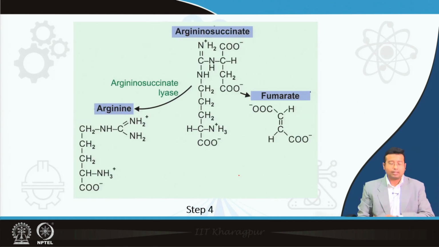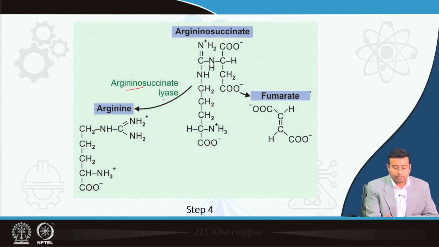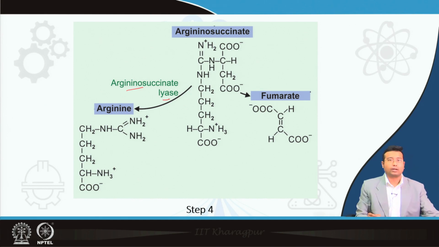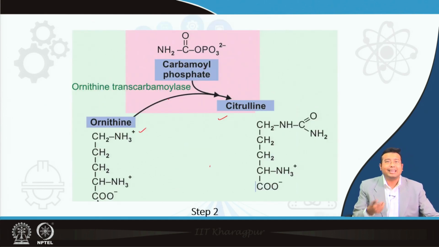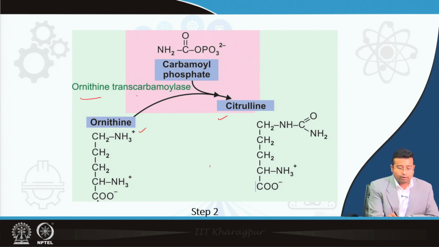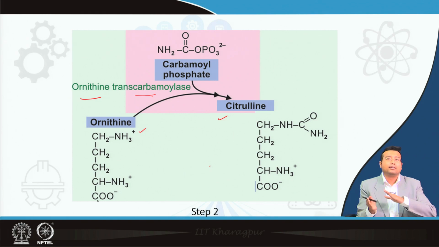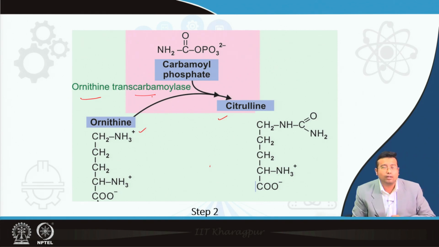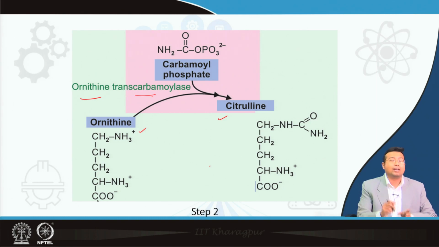All right. In the next step, argininosuccinate is acted upon by the enzyme argininosuccinate lyase. Okay. If you missed the enzymes of the previous steps, you should always note the enzyme after carbamoyl phosphate synthetase 1 is known as ornithine transcarbamylase. It will come in very handy while we are discussing the urea cycle disorders in the next class.